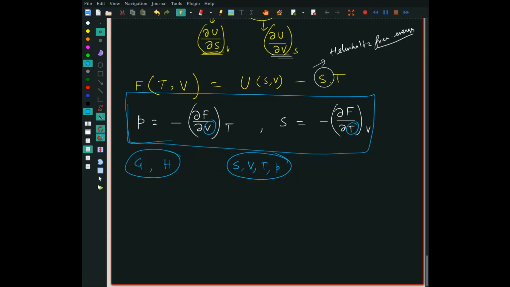So depending on which kind of process you are considering, it might be useful to consider one or the other thermodynamic potential for that particular process. You judge that by looking at what are the explicit variables that my thermodynamic potential depends on.